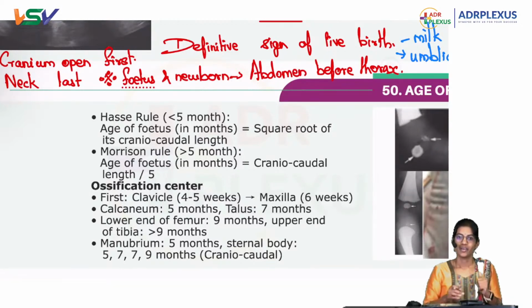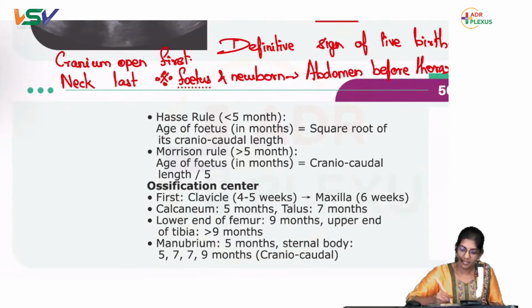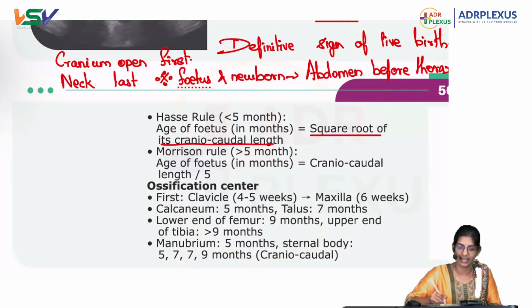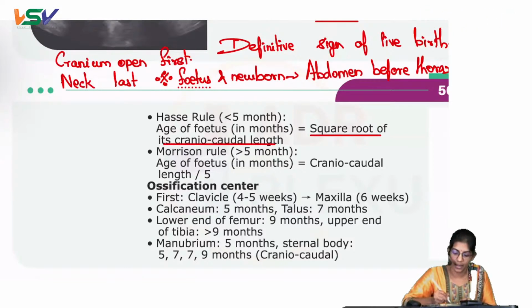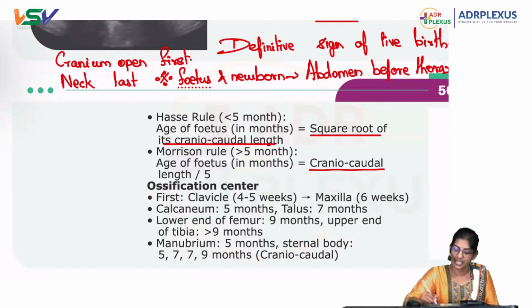What is Hess rule? Age in month is nothing but the square root of the craniocaudal length. If you get the length more than 25 centimeter, apply Morrison rule. Morrison rule says that age of the fetus is nothing but the craniocaudal length divided by 5.